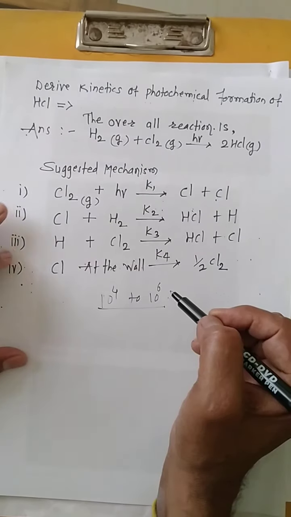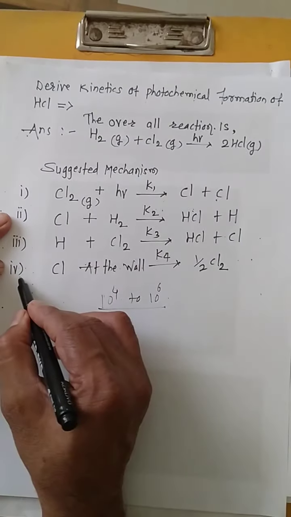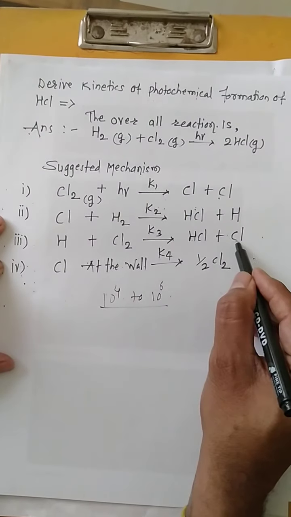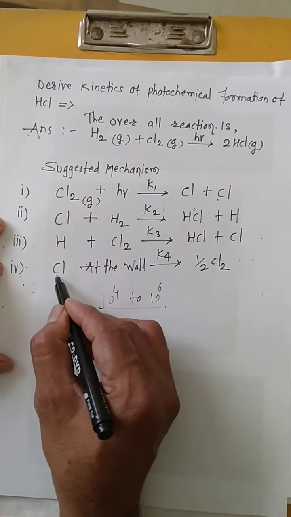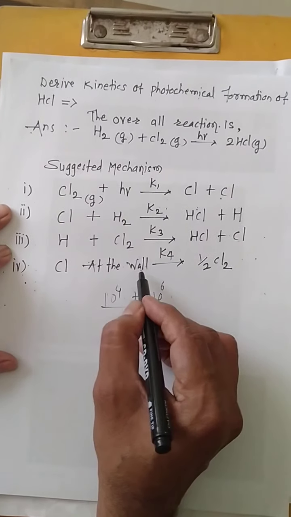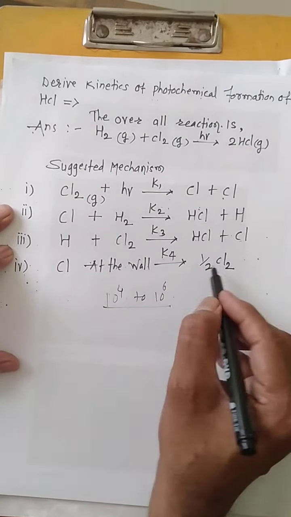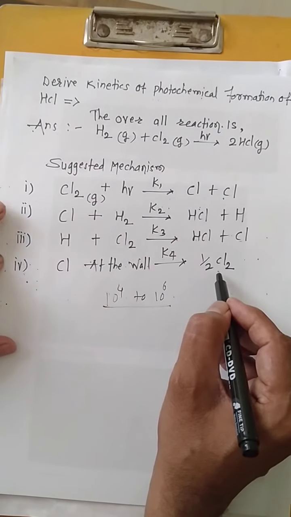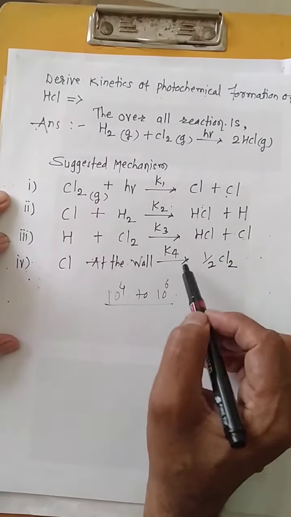Now in the fourth step, this reactive species reacts at the wall and the reaction is terminated to form the molecule. These are the suggested mechanisms.